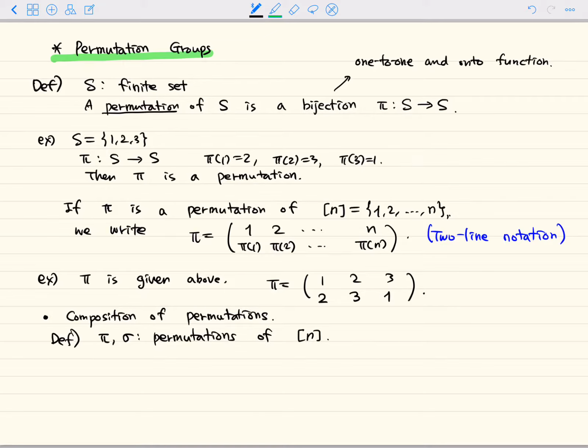Then the composition of pi and sigma is again a permutation.